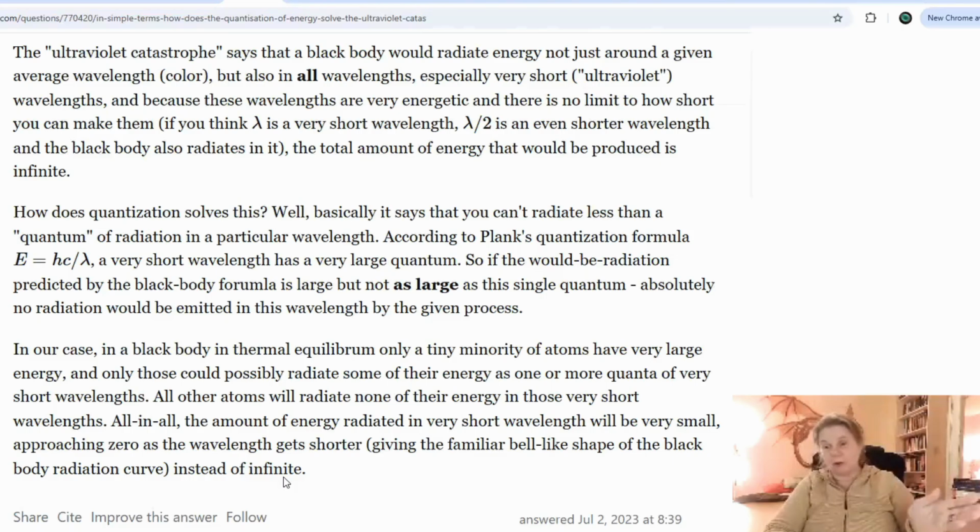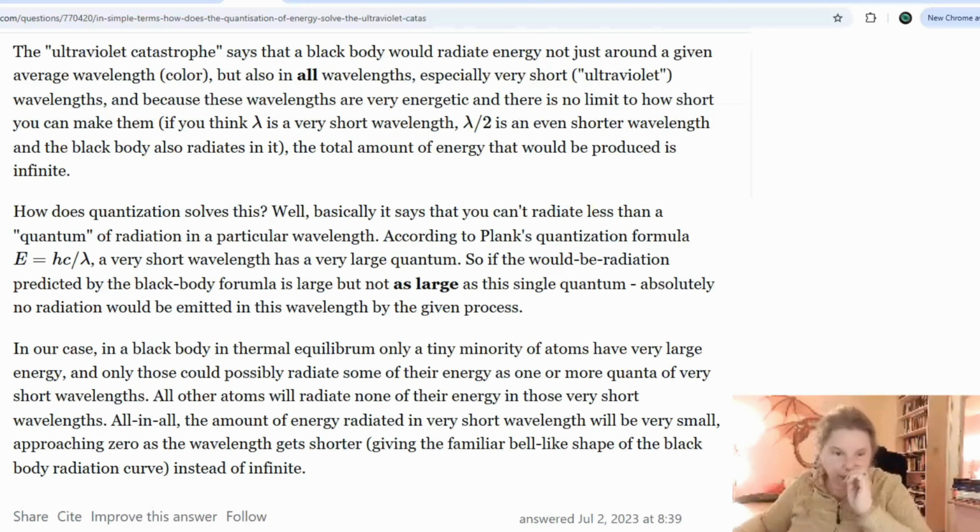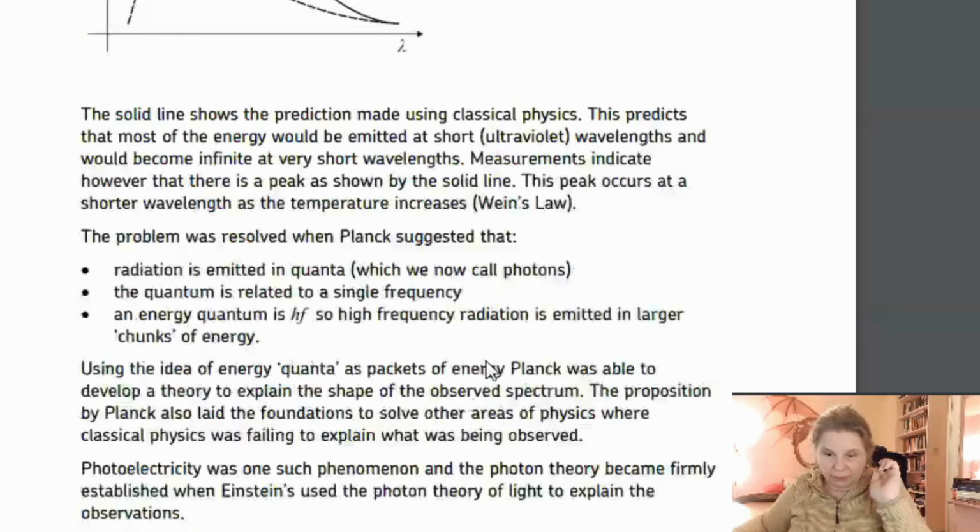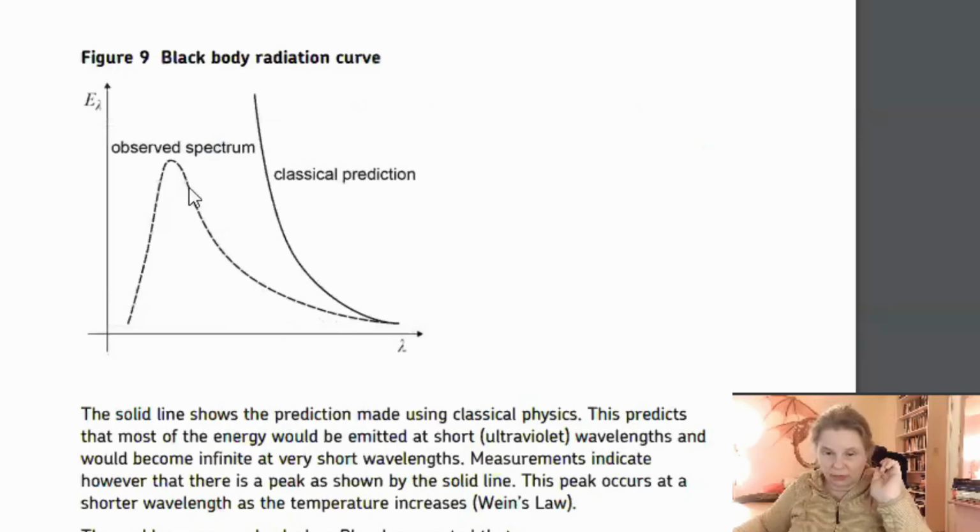And because there's so few, not very many get emitted, which means that you end up with this complete drop-off to the left of the increasing. I mean, it looks like it's an exponential increase, and then you get this proper drop-off, don't you? If I go back to this curve, you see it looks like it's exponential, and then you get this proper drop-off because there aren't any particles in the hot object that are energetic enough to produce a wavelength that is short enough to produce a whole quantum.